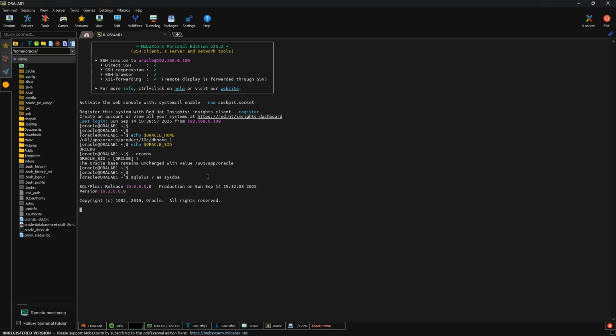Okay, so I'm connecting to the database with this. Right now let's see whether my database is up and running or idle. Okay, right now connected to an idle instance, which means my database instance is not up. So let's say only the instance we will start up. Okay, startup nomount.